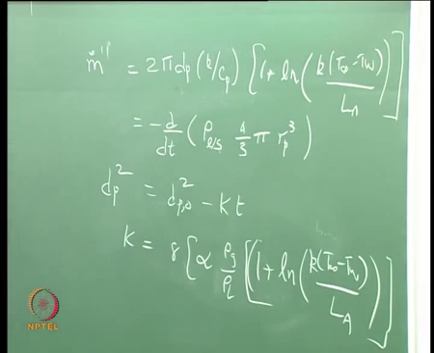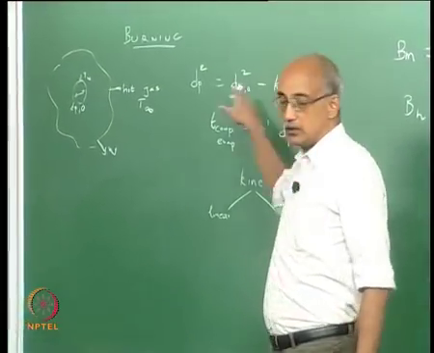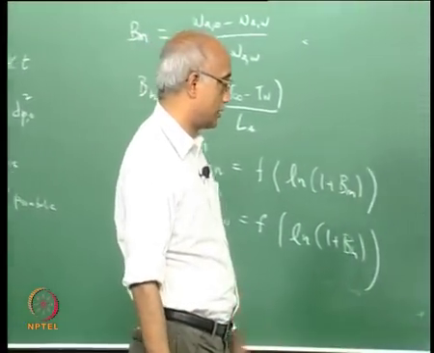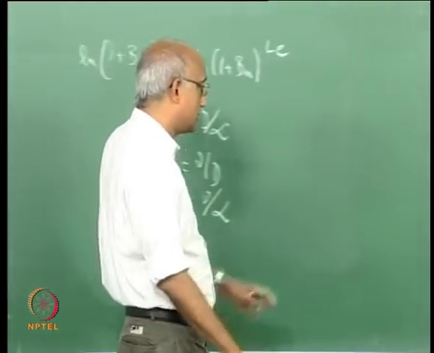Okay, so basically what we have done is, comparing to the original equation, we have now derived an explicit form for what that k is.